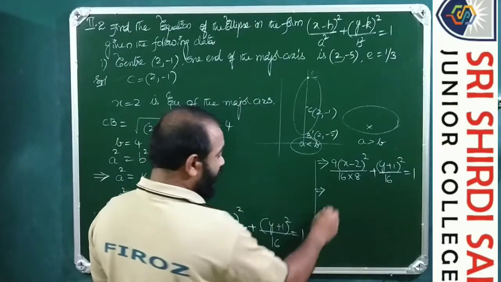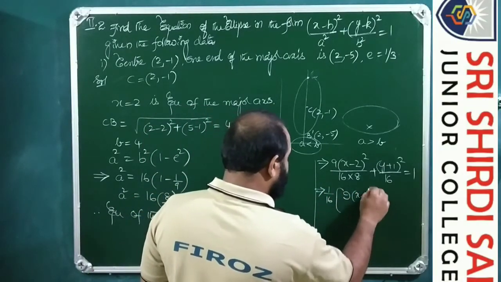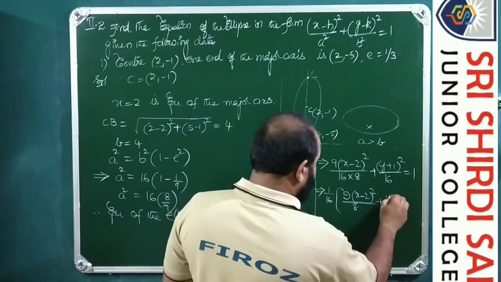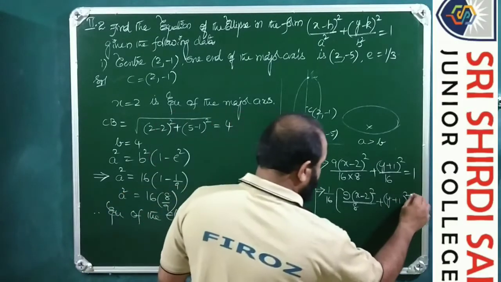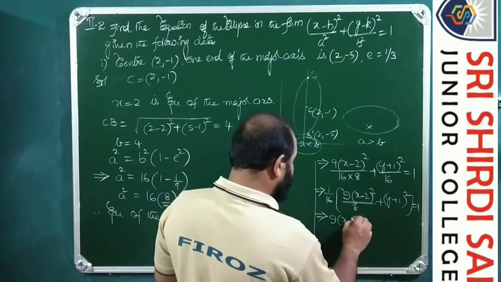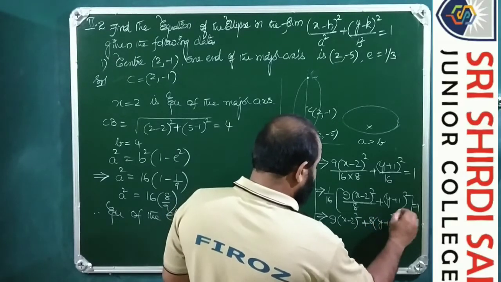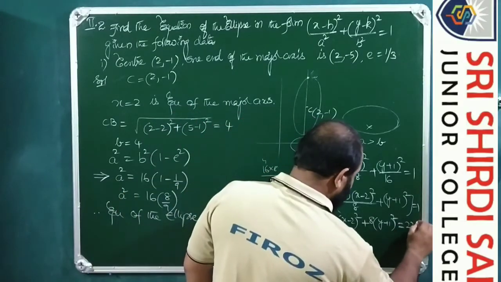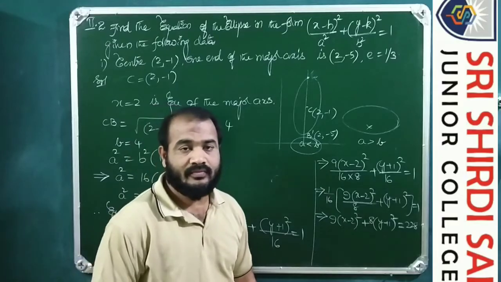This implies, taking 1 by 16 common, 9 into (x minus 2) whole square by 8 plus (y plus 1) whole square equals 1. This implies 9 into (x minus 2) whole square plus 8 into (y plus 1) whole square equals 128. This is our equation of the required ellipse.